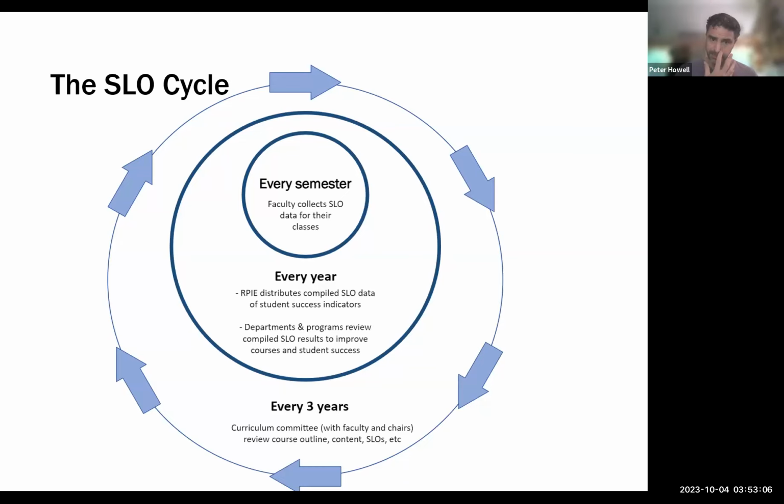And then I believe it's every 3 years that the curriculum committee is going to enforce that the whole course gets looked at from a curriculum standpoint, including the student learning outcomes. So the actual outcomes themselves get reviewed every so often.